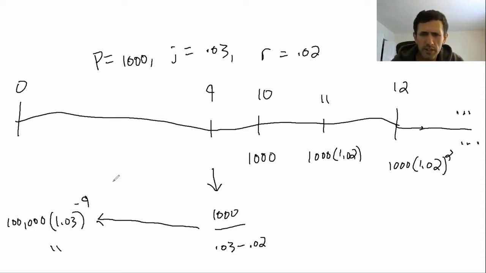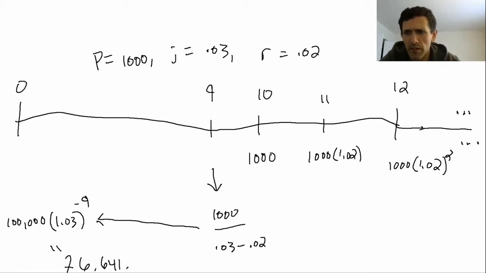And we get 76,641.67. I'll just rewrite the 7 here. Sorry about that. 76,641 and 67 cents. Okay, and that is the present value of the blue annuity at t equals 0.